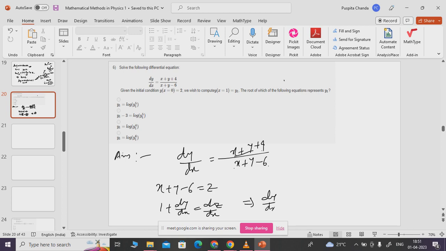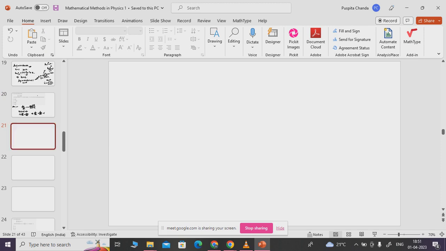So it will be 1 plus dy/dx is equal to dz/dx. So dy/dx is equal to dz/dx minus 1. So putting the value, we get dz/dx minus 1 is equal to z plus 10, because of the minus 6 and the plus 4 in x plus y plus 4.